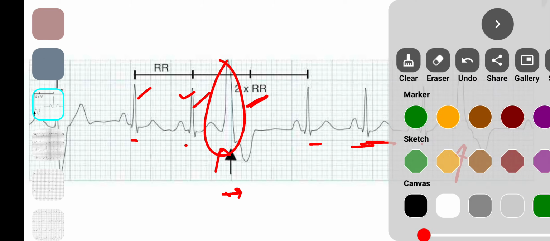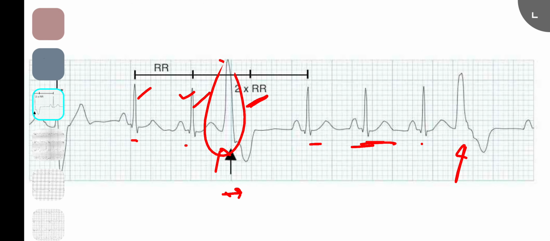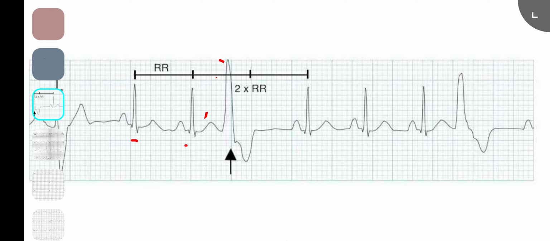So these premature ventricular contractions have a broad QRS that is greater than 120 milliseconds.